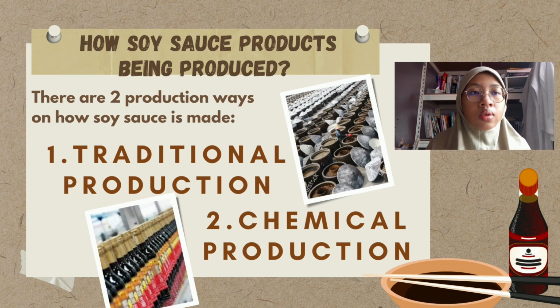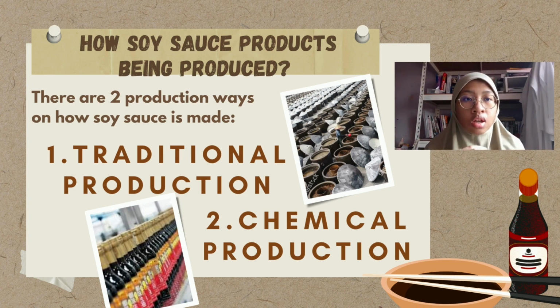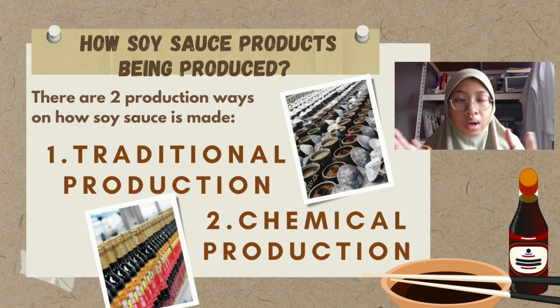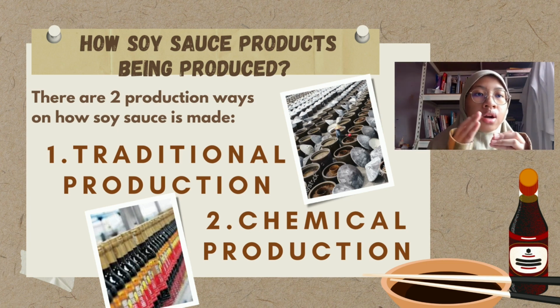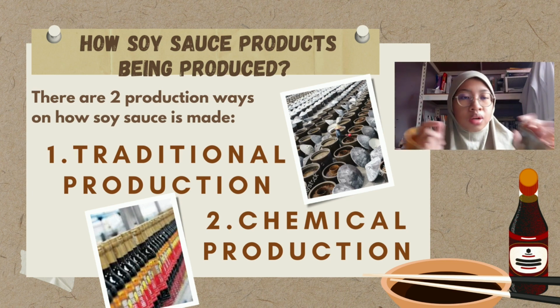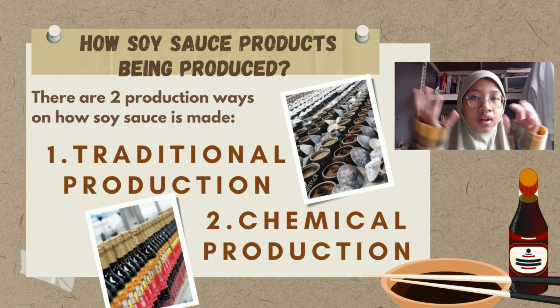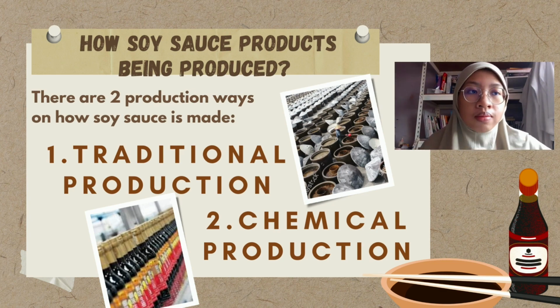This process breaks down the protein in the soybean and wheat. However, the soy sauce will be less attractive in terms of taste and aroma because some parts of the traditional fermentation are missing. So, because of that, extra color, flavor and salt are added.